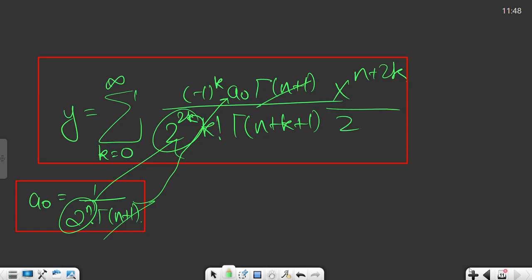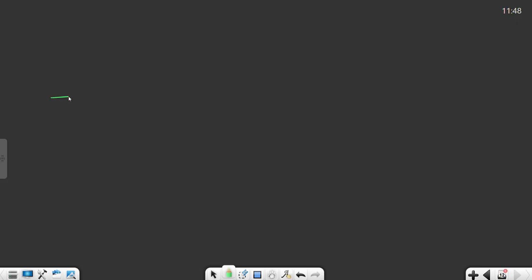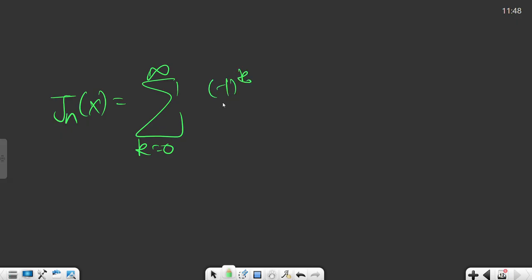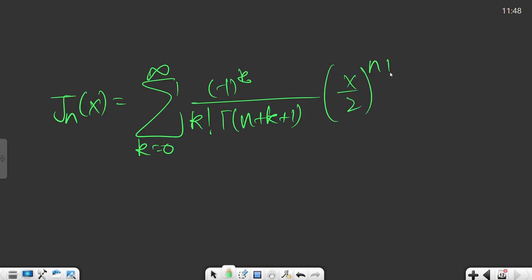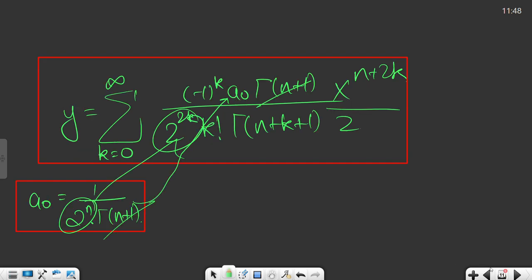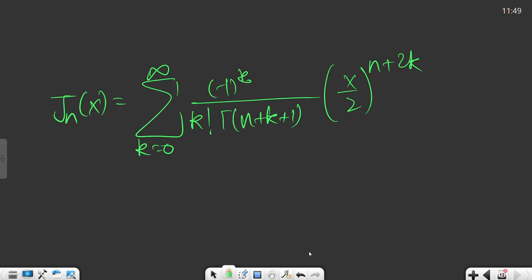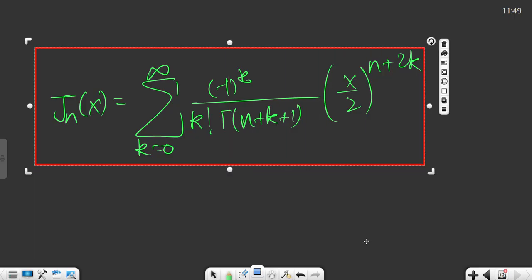So basically we are going to have our J sub n of x equals the sum as k goes from 0 to infinity of negative 1 to the k over k factorial times gamma of n plus k plus 1 and times x over 2 to the n plus 2k. And hence we proved this here. And this is the solution to Bessel's differential equation.